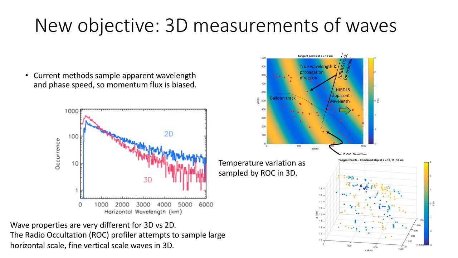And so as it floats along, we get a lot of measurements in space that can help us to determine the 3D variability of temperature and try to derive wave properties.